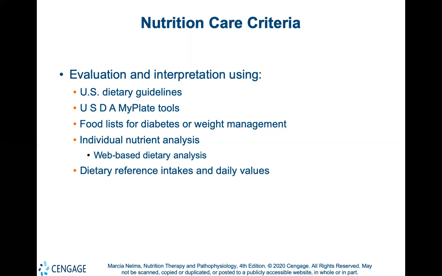These standard reference values allow evaluation of energy, protein, vitamin, and mineral intake for healthy people. There are 4 different sets of standards within the DRIs: adequate intakes, recommended dietary allowances, tolerable upper intake levels, and estimated average requirements. It is important when using these standards to understand the context in which the references are established.